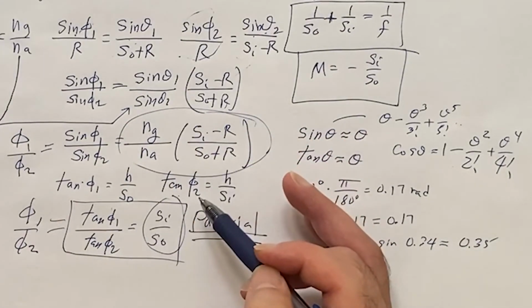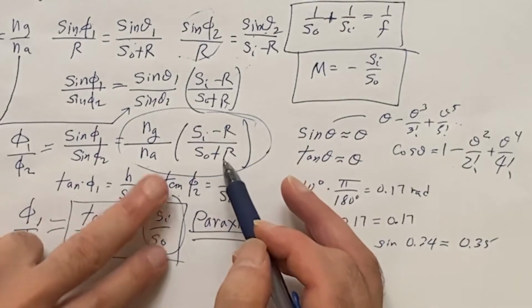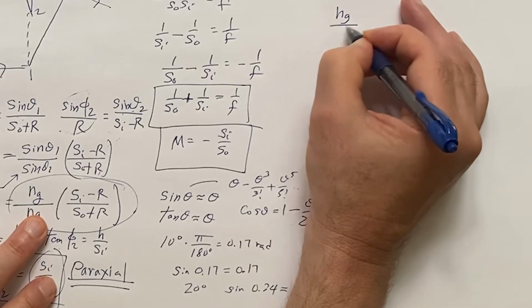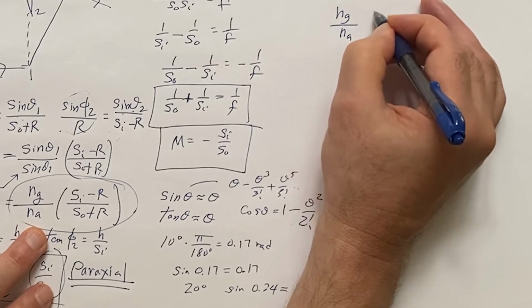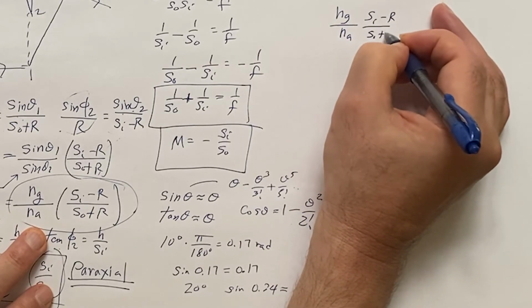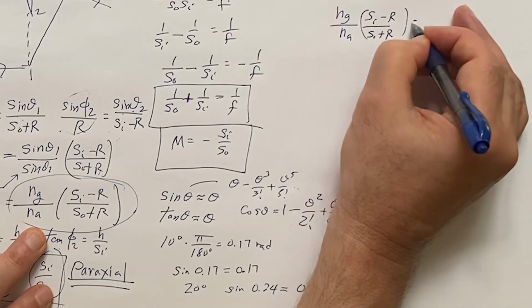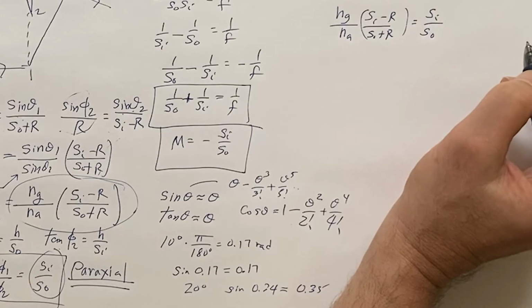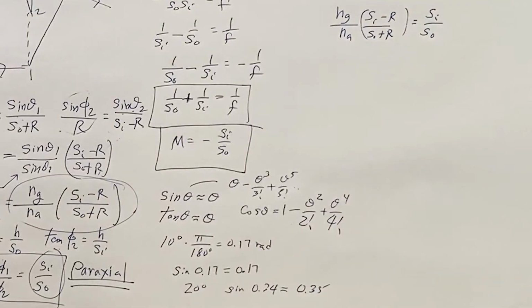And that's what I want to do. I want to rewrite this so that we can do that. So let's write that over here. Ng over Na, Si minus R, so plus R, is equal to Si over So. Now the rest is going to be just algebra to get a famous result.